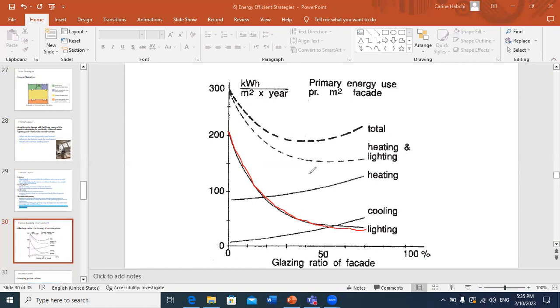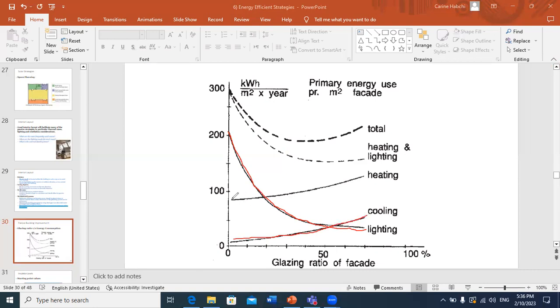Now, on the other hand, whenever you increase the glazing ratio, you will increase the ventilation needs because you will have more interaction between the inner and outer space. Of course, sometimes increasing the glazing ratio can allow sun to penetrate, let's say in winter, and this is desirable. But overall, if we calculate over the whole year, the heating and cooling loads will increase if you increase the glazing ratio.